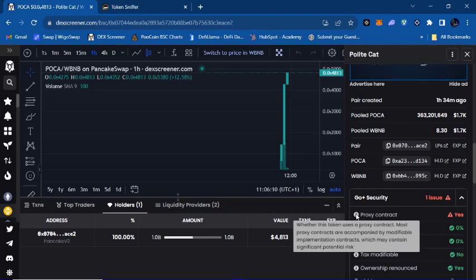Now, a proxy contract is a contract that is associated with a main contract address, which has modifiable contracts in it.